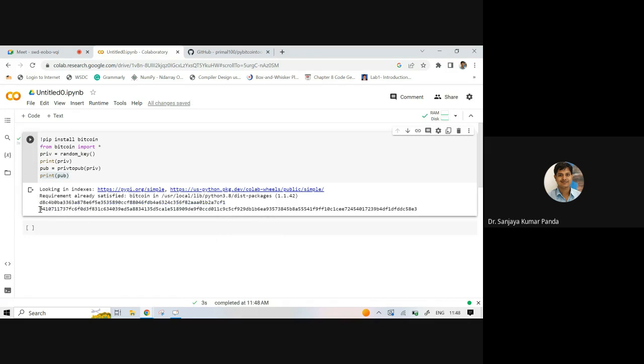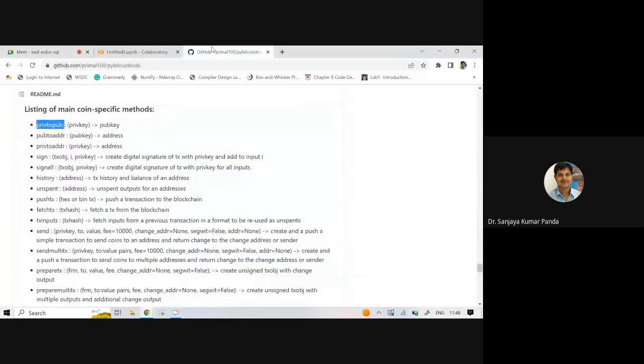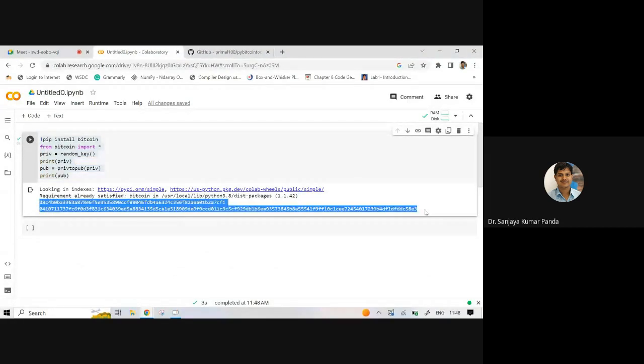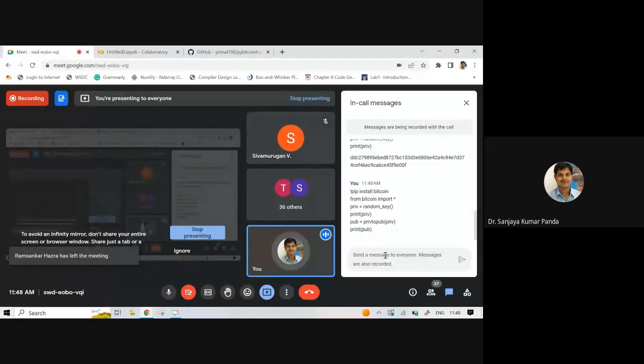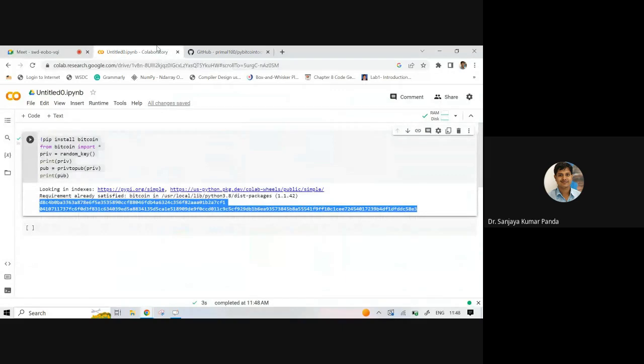And this long one is your public key, right? So you can try this code also. I will also paste the output. You will get a similar output, as you have taken the random one. Then you can see your output is different from my output.